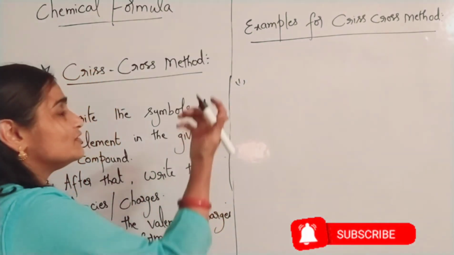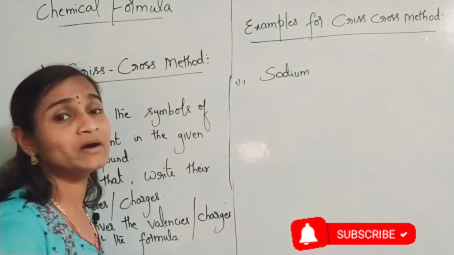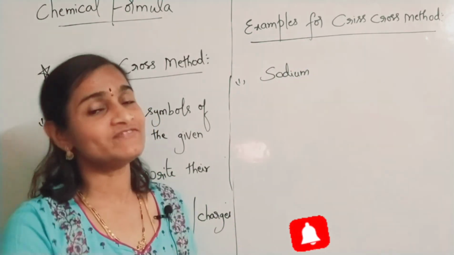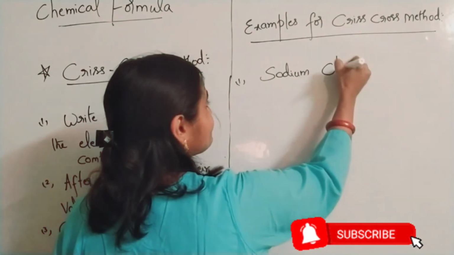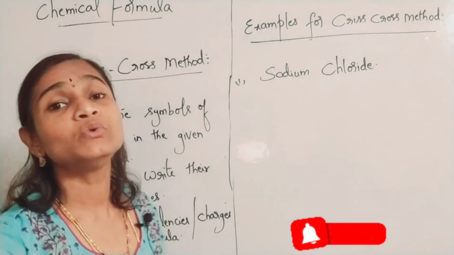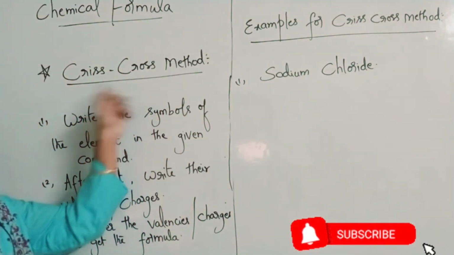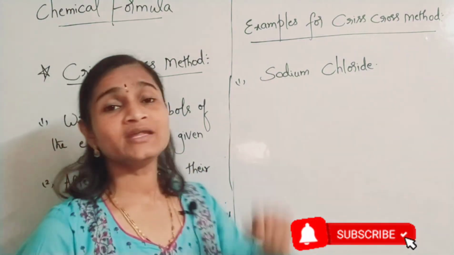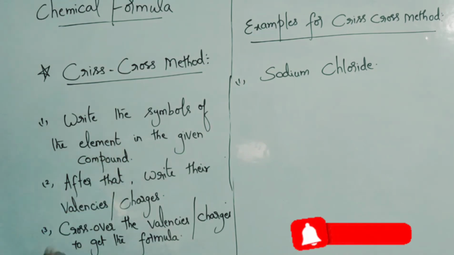So, sodium chloride, a very well known compound. You have been learning about this from class 6 or even class 4, isn't it? This is the name of the compound given. Then how to write the formula? For that we are using the crisscross method. Here, what are you asked to do first? Write the symbols of the elements.